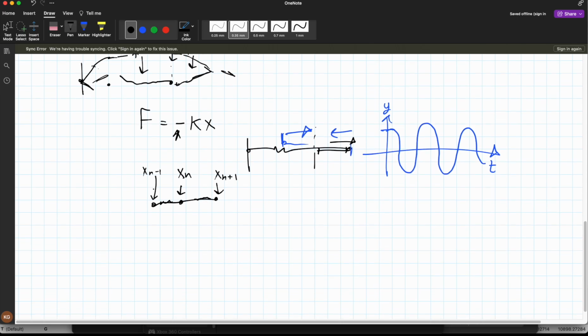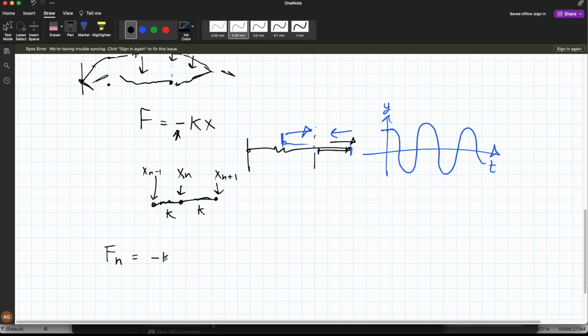If we wanted the force on this nth mass, it would just depend on how far it is from its neighbors and their spring constants. For simplicity, let's give all these little springs the same spring constant, k. So we can write down the force on the nth spring as depending on how far it is from its neighbors.